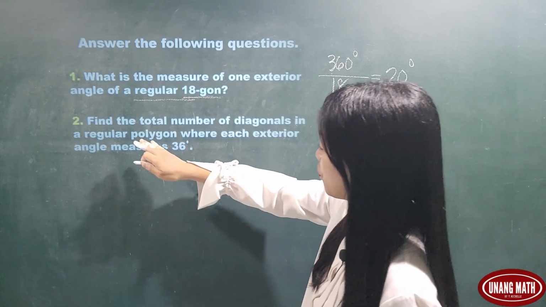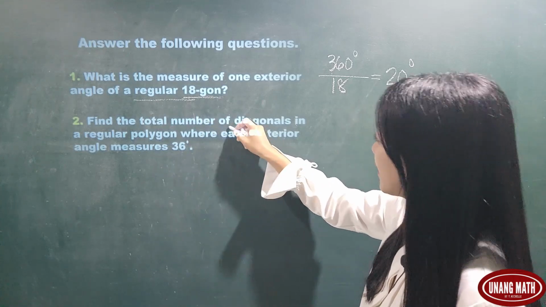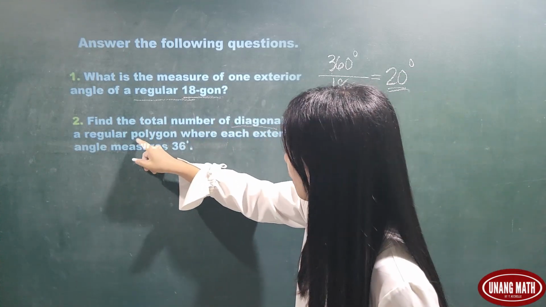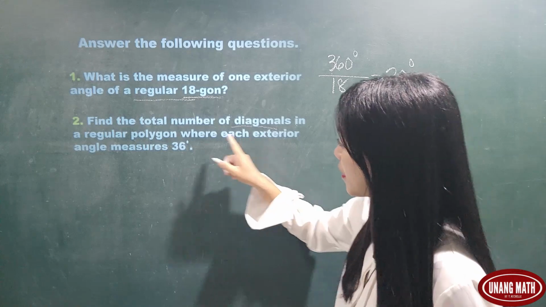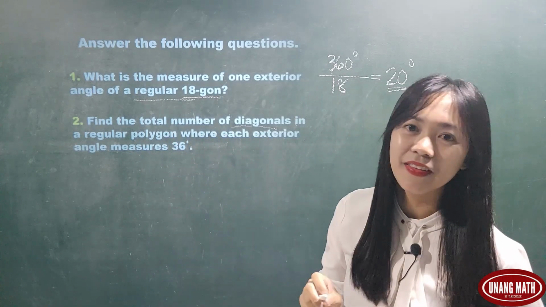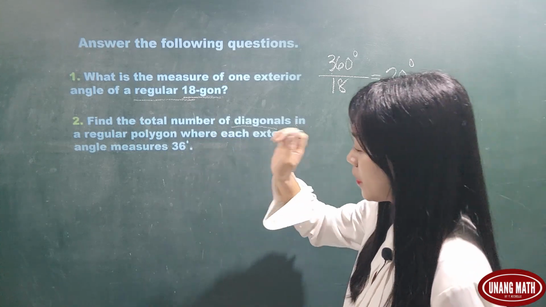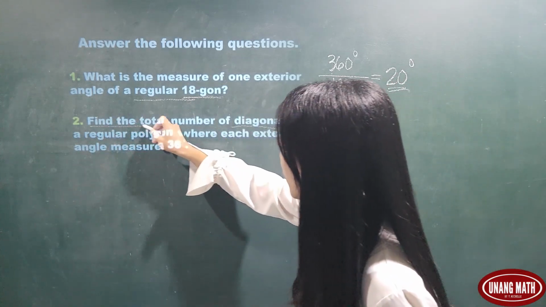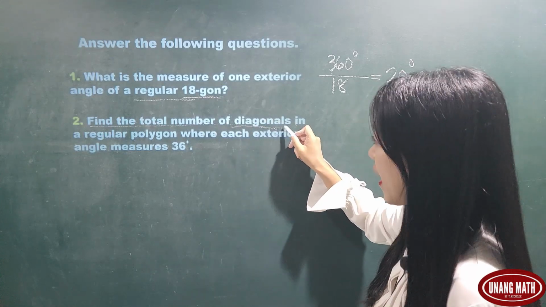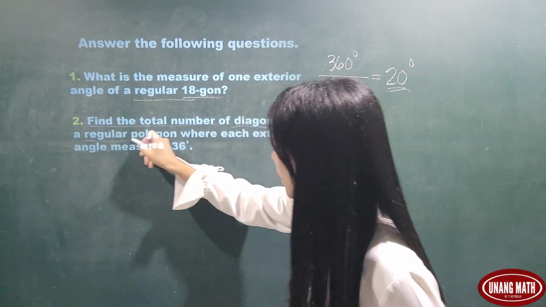Okay, what about number 2? Find the total number of diagonals in a regular polygon where each exterior angle measures 36 degrees. In this problem, we are going to find the total number of diagonals in this regular polygon.